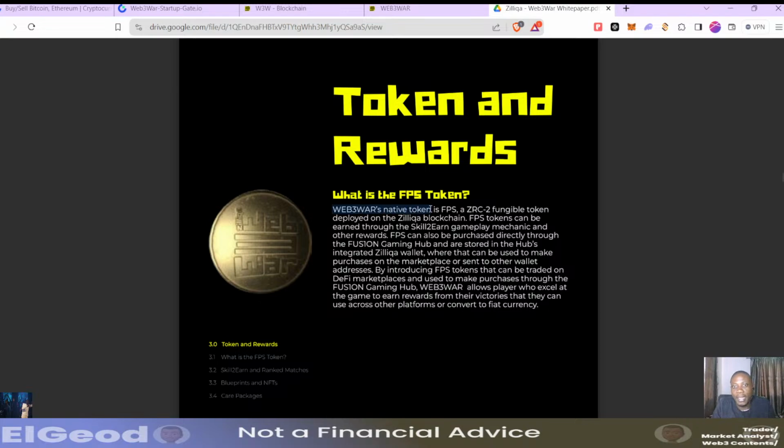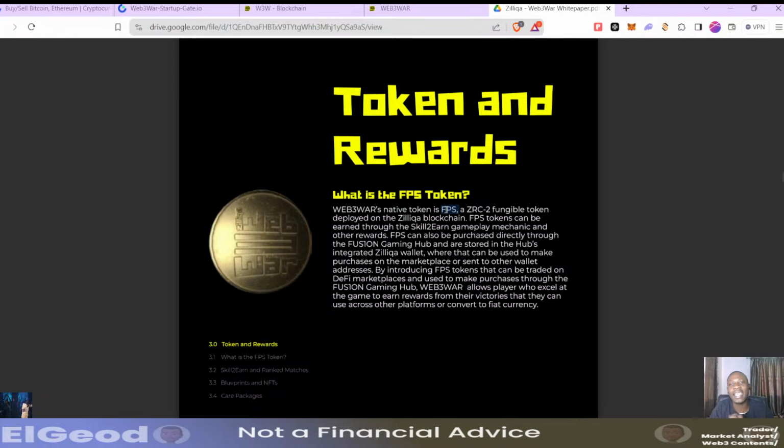web3war's native token is FPS. Take notes, please. I almost made a mistake the other time. I thought it was W3W, but it is FPS. A ZRC2 fungible token. I will call it the Zilliqa request comment because I know ERC means Ethereum request comment, so I assume it means Zilliqa request comment fungible token deployed on the Zilliqa blockchain.